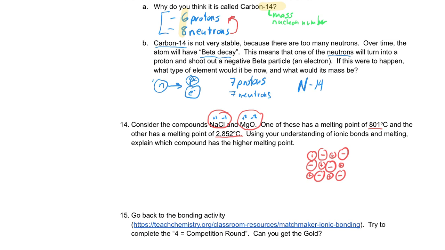So therefore, we would say that the one that has the +2, -2 is going to have stronger bonds, which means it's going to be harder to break or weaken those. And so therefore, it will have the higher melting point. So therefore, magnesium oxide will have the higher melting point because it has ions with larger charges.